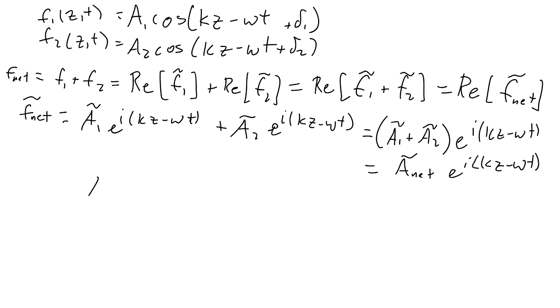So just to summarize what was going on over there, my A net complex was equal to A1 complex plus A2 complex, right? And we can expand those out. A1 complex is A1 times e to the i delta 1, the real amplitude times the phase constant.